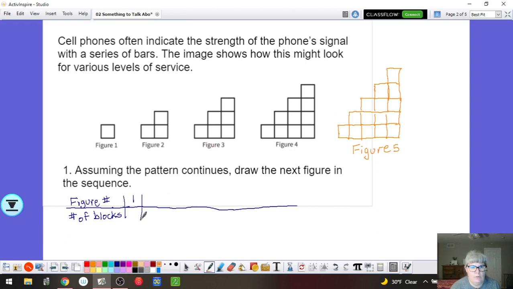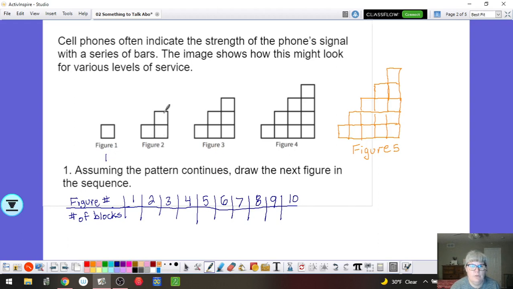And we need to go out to figure 10. So figure 1 has 1 block.